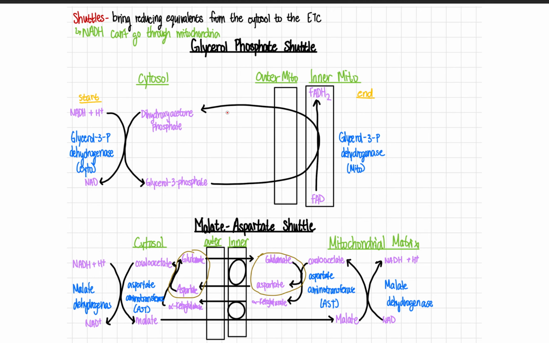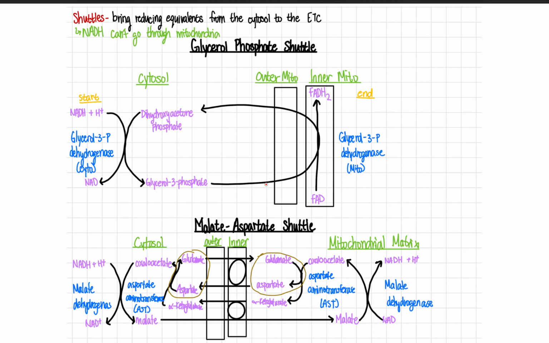So that is how the Glycerol Phosphate Shuttle works. It's taking NADH and essentially remaking it in the form of FADH2 inside of the inner mitochondrial membrane. And so from here, this FADH2 can go on to be a part of the electron transport chain. So NADH goes to NAD via glycerol 3-phosphate dehydrogenase in the cytosol, at the same time as DHAP goes to G3P.